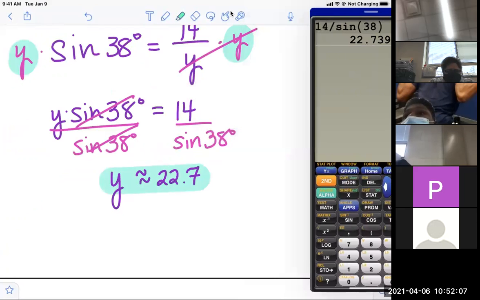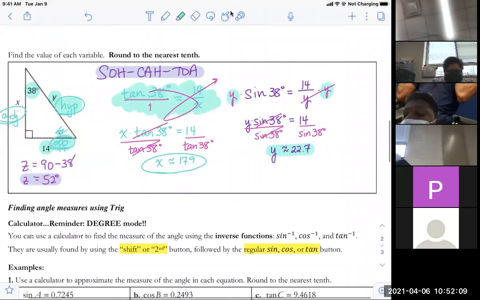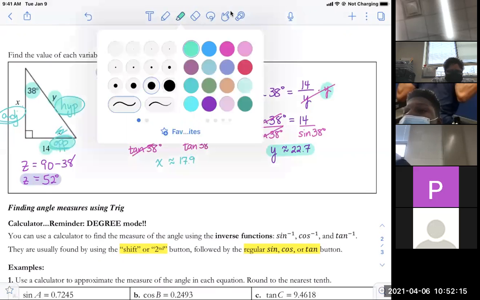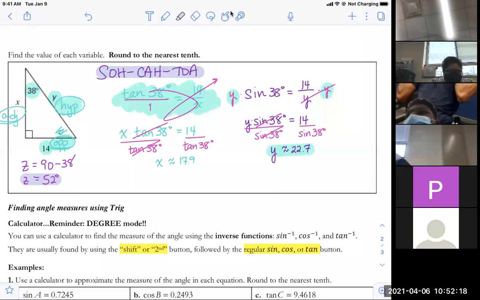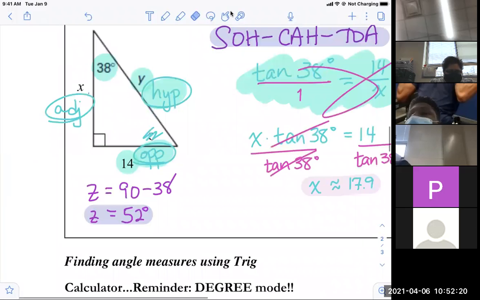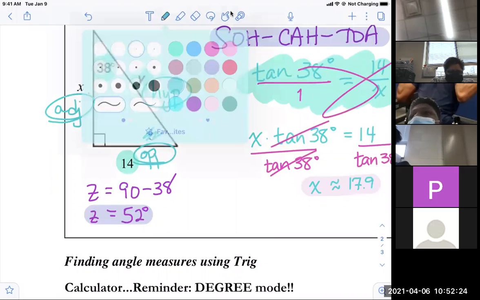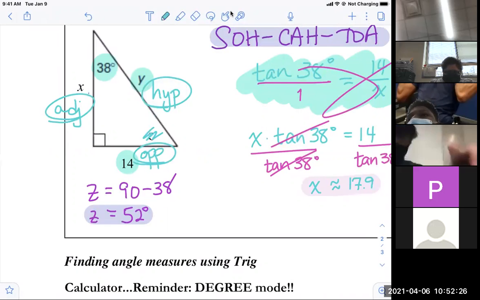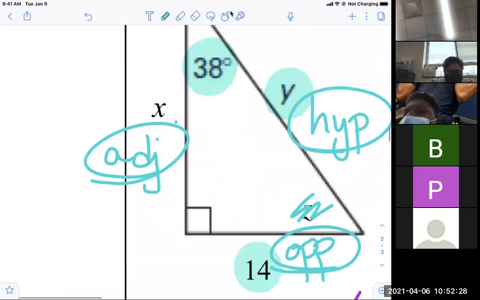22.7. Now there's another way that you could finish the problem once you have the first answer. So you've done the first calculation and you figured out that X is about 17.9.